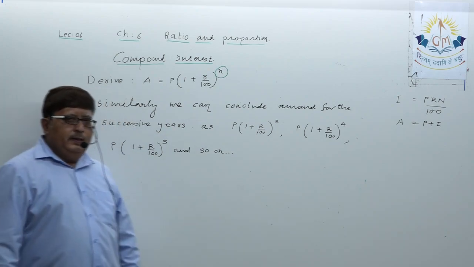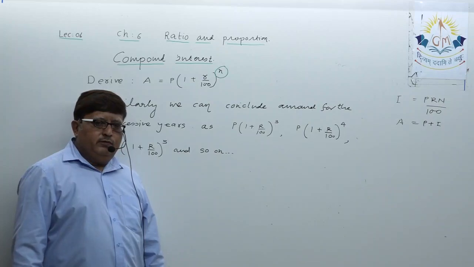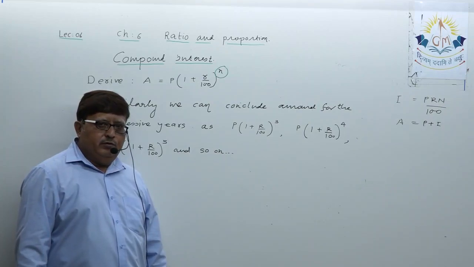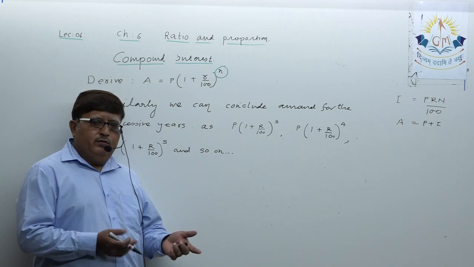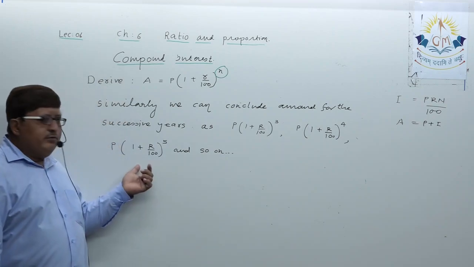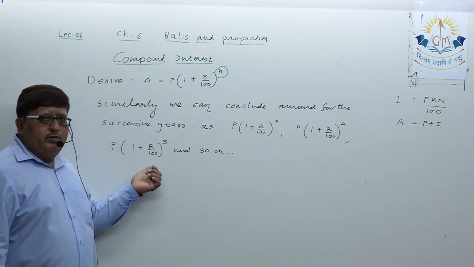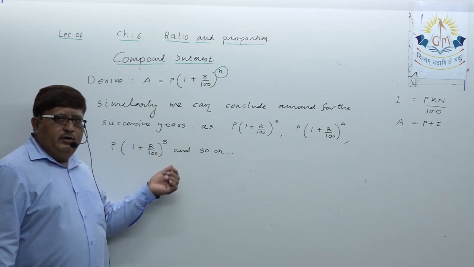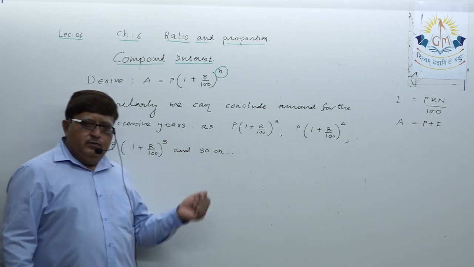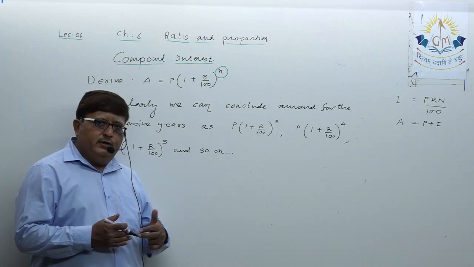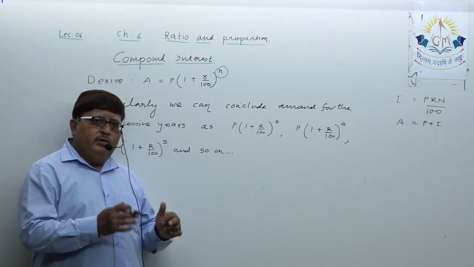Fifth year, raised to 5. For the sixth year, you can guess before me, raised to 6. So this process will continue for many years.